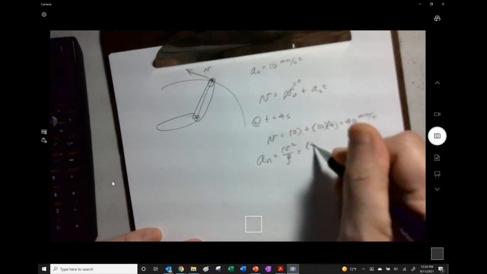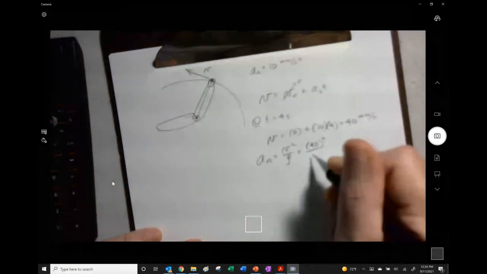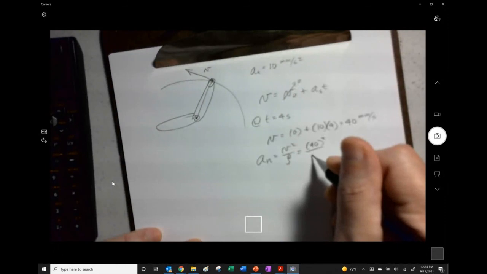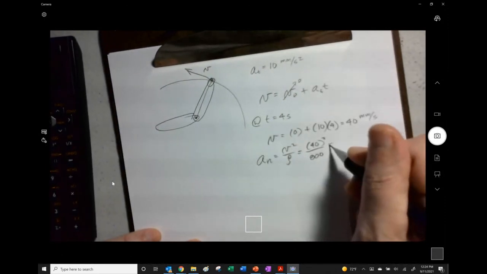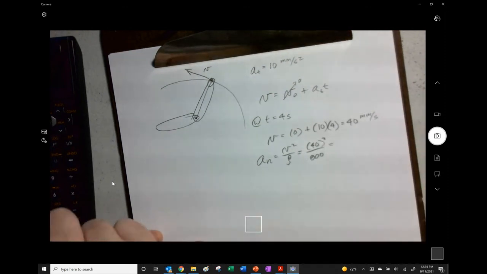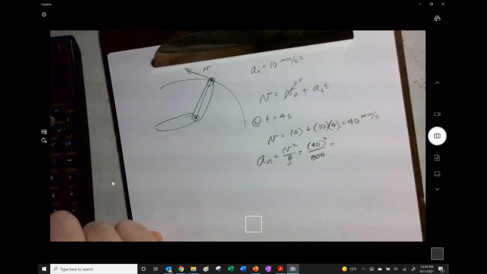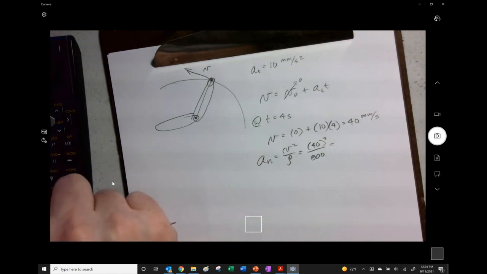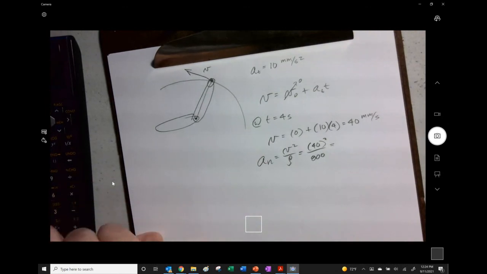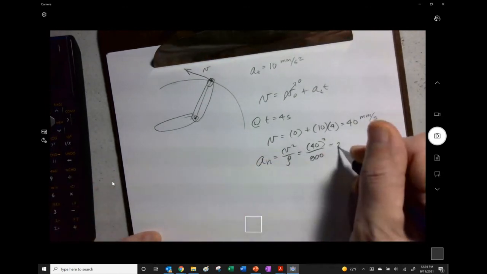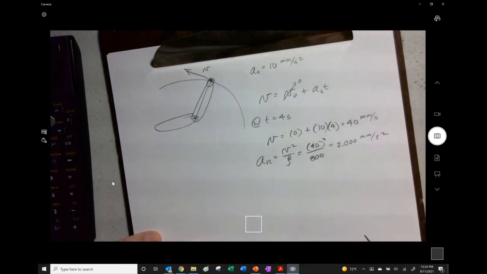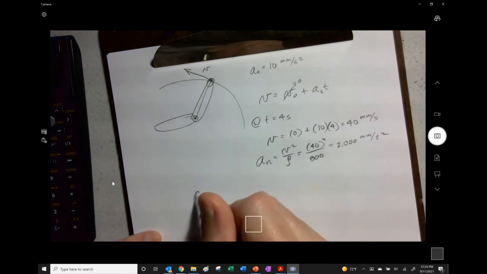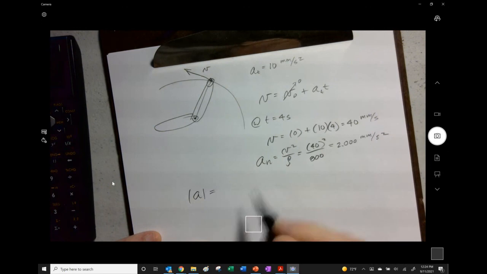We'll keep it in millimeters, that'll make life easier. So 40 squared divided by 800, we end up with 2 millimeters per second squared.